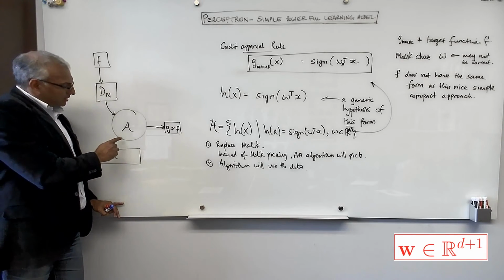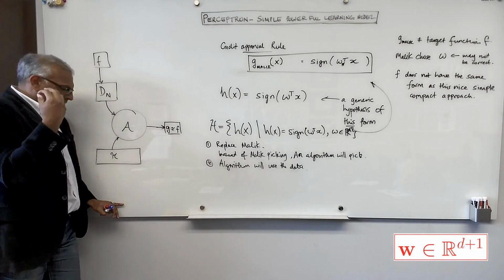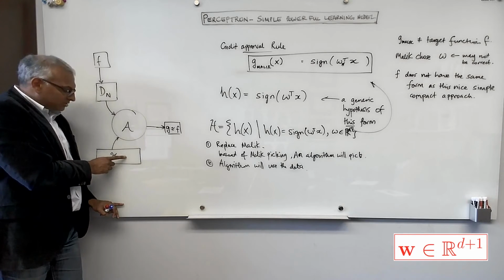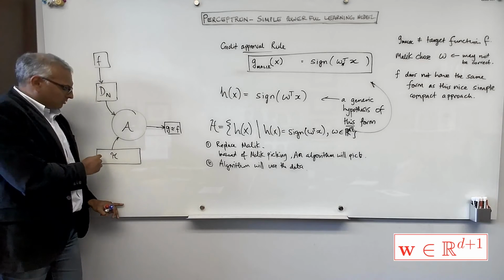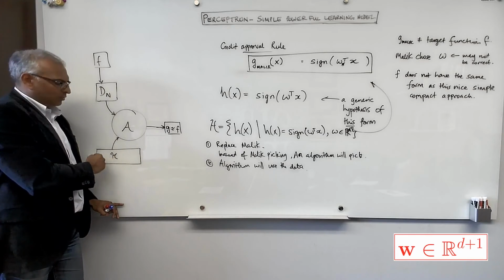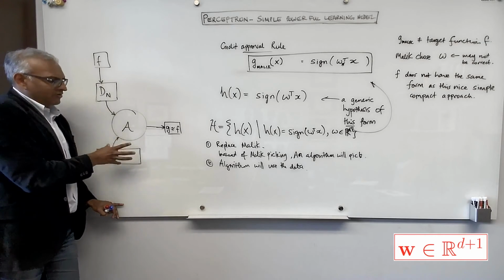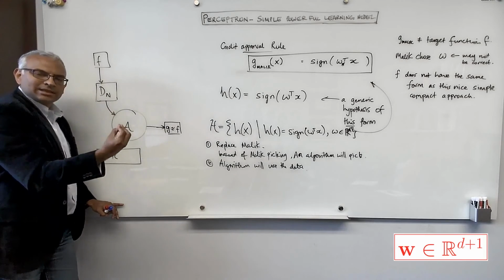And in order for the algorithm to pick, as we discussed earlier, we need two things. We need a criterion on the basis of which we will pick one. So in other words, we need a way of deciding which hypotheses in here are good and which are bad, and then we'll pick one of those. And once we have a criterion for picking, we need to actually physically go and pick.